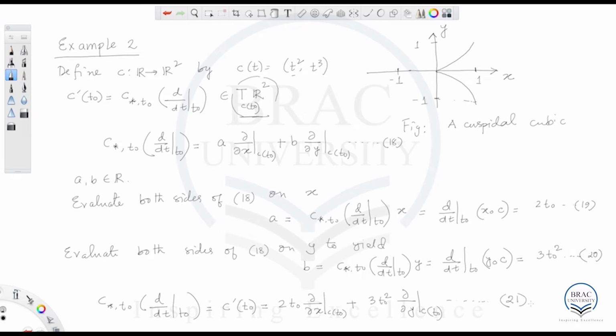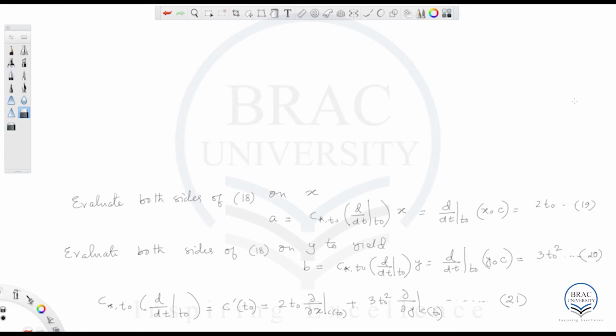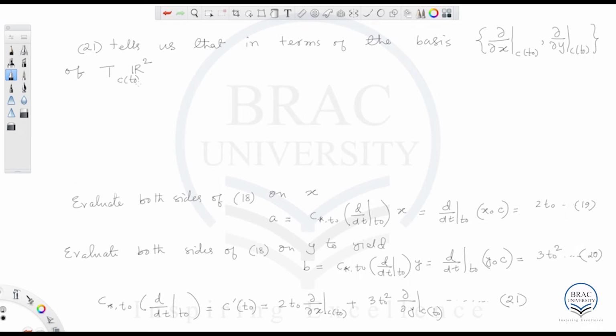So what does 21 tell us? Let me write it for you. 21 tells us that in terms of the basis del by del x at C of t0 and del by del y at C of t0, in terms of this basis of the tangent space to R2 at the point C of t0, C prime at t0 is represented by this column matrix 2t0, 3t0 squared.